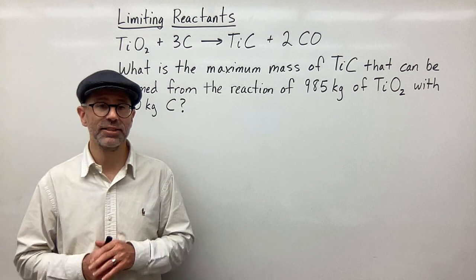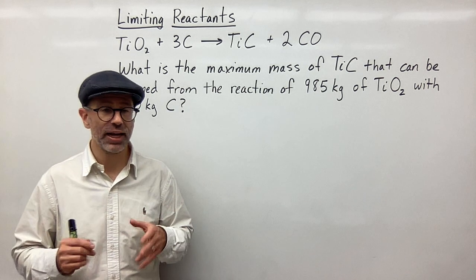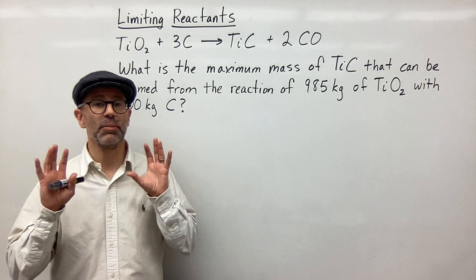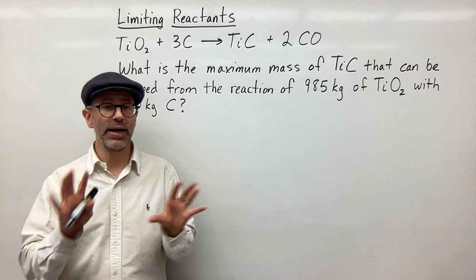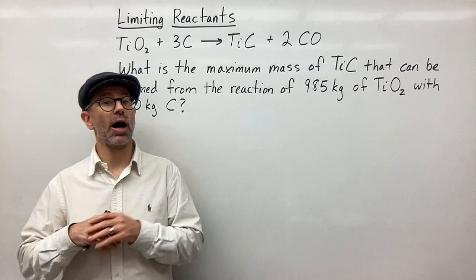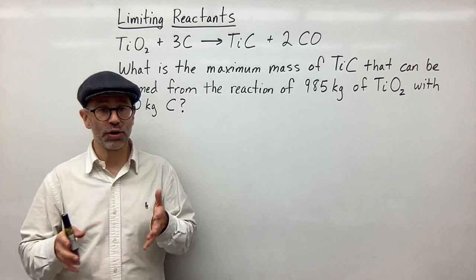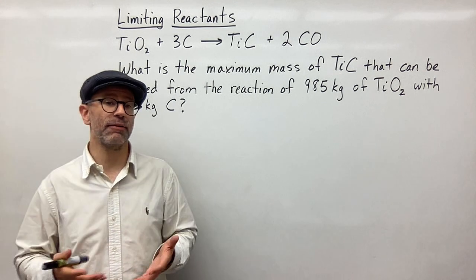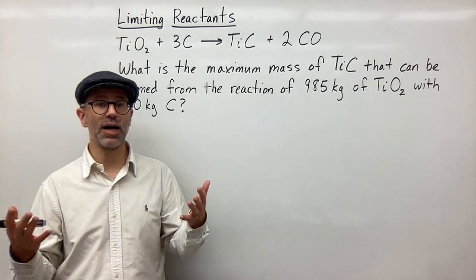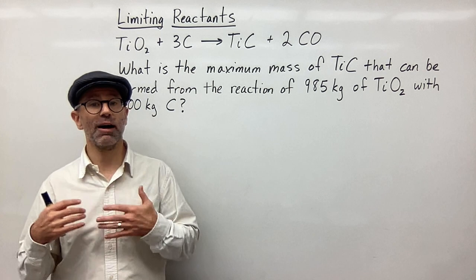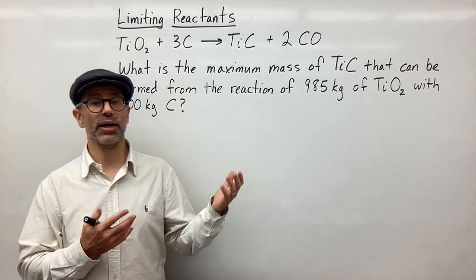In other limiting reagent cases, it's the exact same way. I'm given amounts of my reactants and I'm asked, how much of a certain product can I form? In order to answer that question, you first have to figure out which one runs out first. Whichever one runs out first is the limiting reagent.